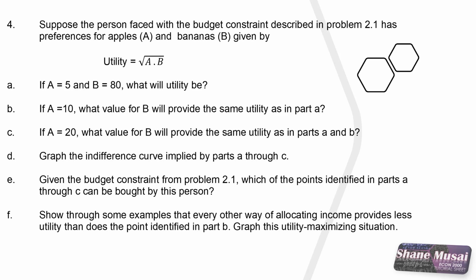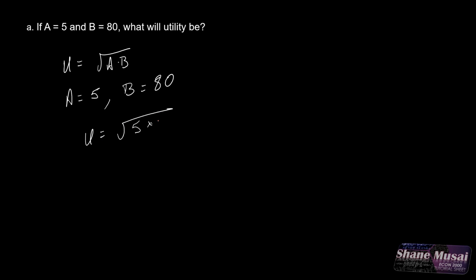Part A says, if A equals 5, so if the number of apples equals 5 and the number of bananas equals 80, what will the utility be? So let's calculate that. We know the function for utility is equal to the square root of A times B. So utility should equal the square root of 5 times 80.